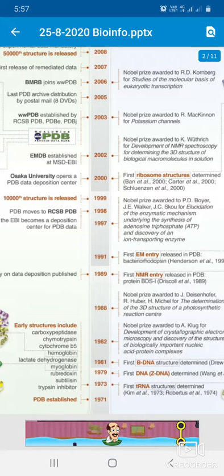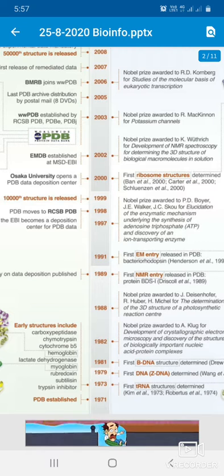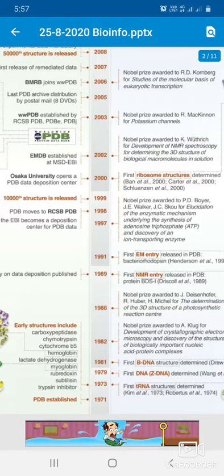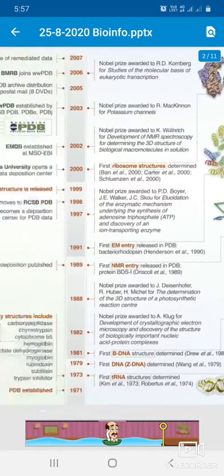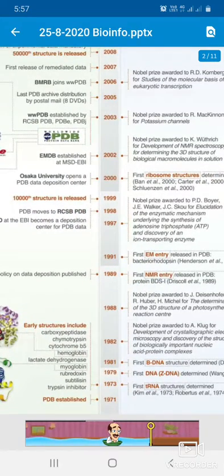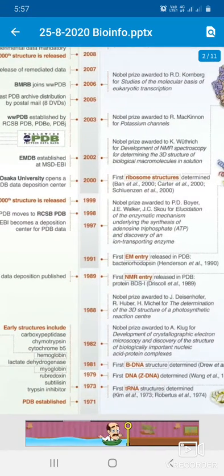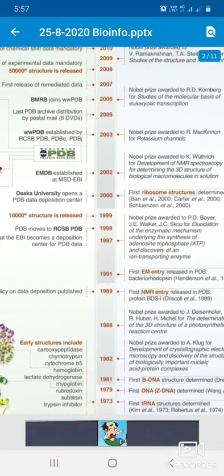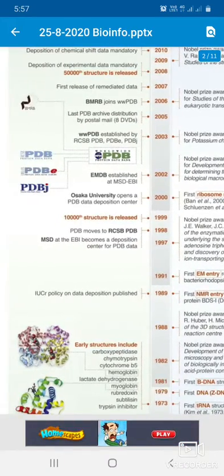79 and 81 it's B-DNA, and 82 is a Nobel Prize awarded for protein complexes. Then 1988, another Nobel Prize awarded for the photosynthetic reaction 3D structure. So the NMR entry is 1989.